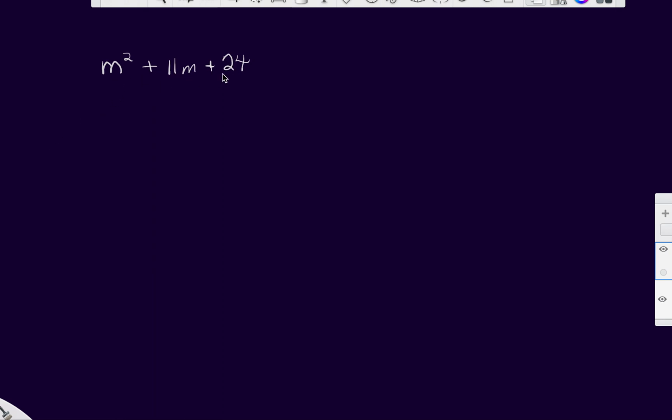When we factor a quadratic like this, most likely what we're going to end up with is 2 binomials, an m and some sort of whole number, and an m and plus or minus some sort of whole number.